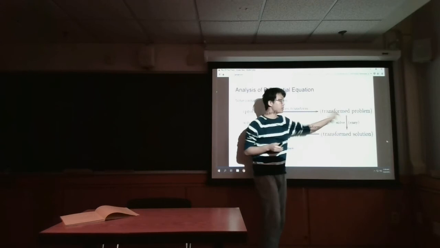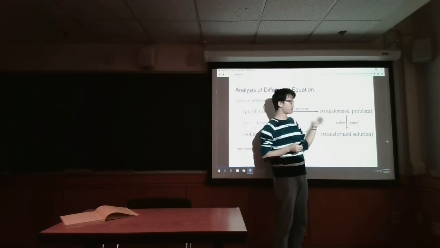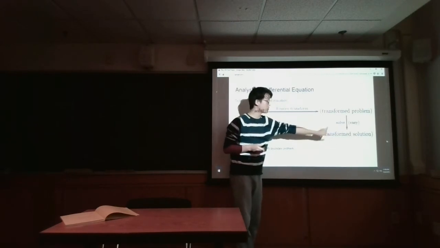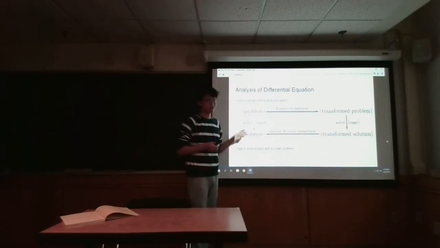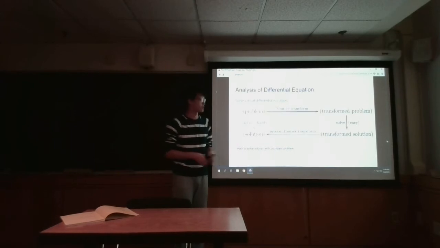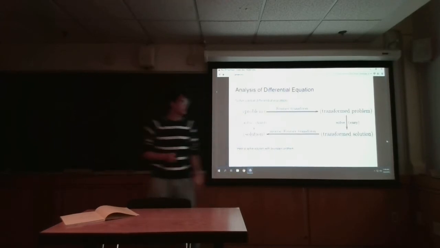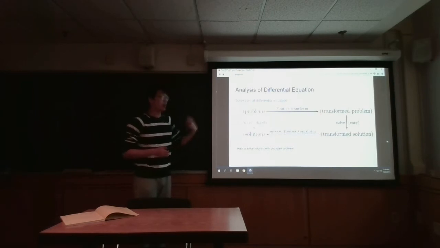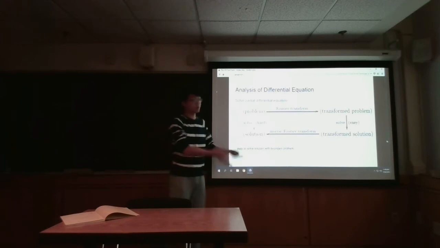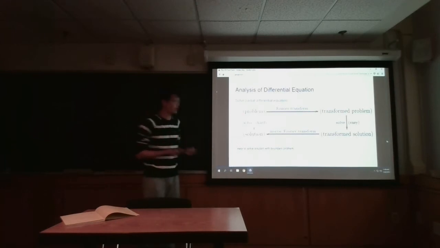You solve this really easy problem in this domain and get a solution, and then you transfer the solution back into the original domain, which was your original purpose for getting the solution of the original problem. So it carries your problem into another field, solves it there, and then comes back with your final answer.